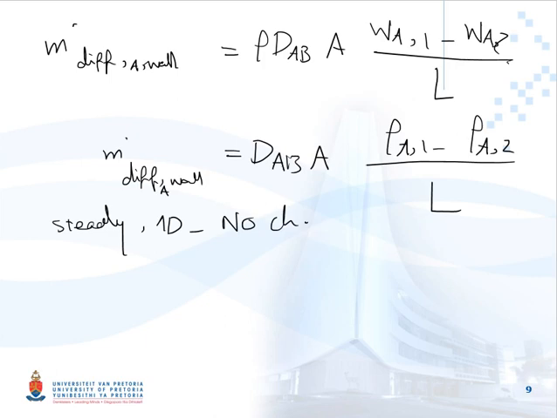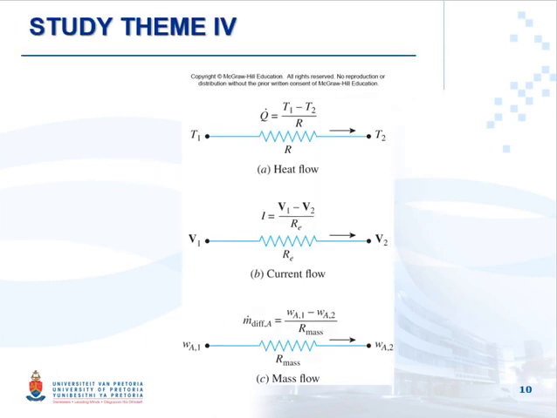And the same as heat transfer, if you remember, we used the concept of electrical engineering and resistance, and we related it to heat transfer. We can do the same thing for diffusion resistance as well. Instead of heat transfer, we can do it for mass transfer.